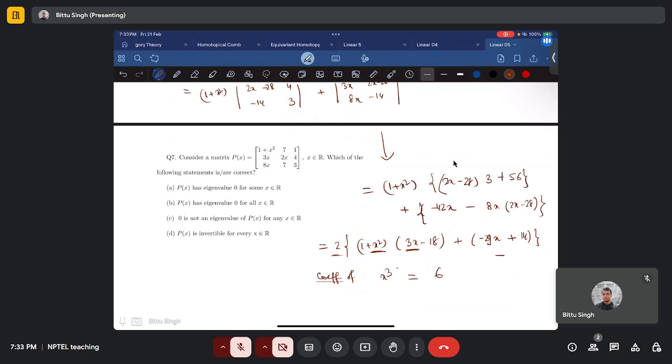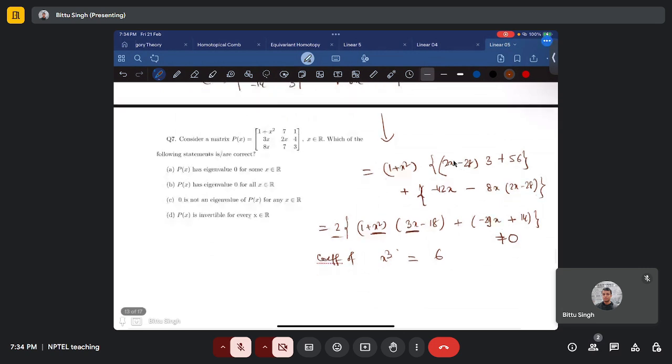So in general, this is non-zero, because the coefficient of x cube equals 6, so it cannot be 0 for all x. For some x it can be 0, so it is a third degree polynomial. So we have three solutions of this equation star.